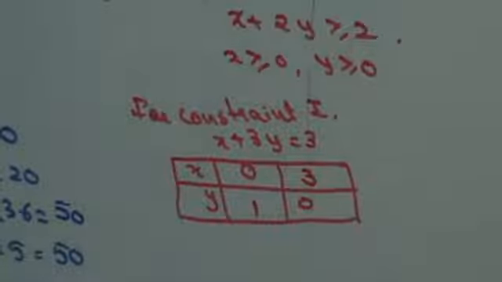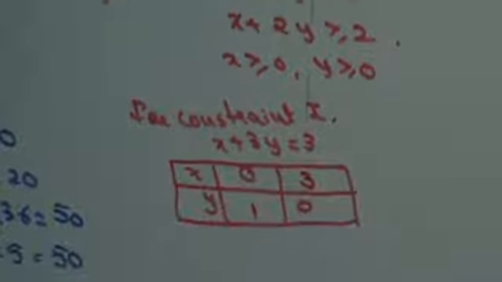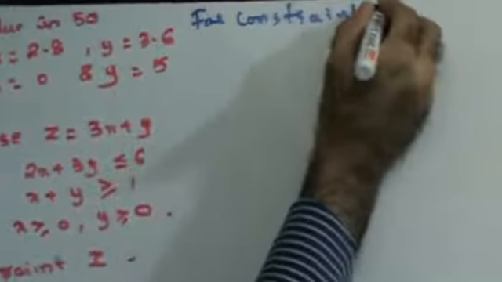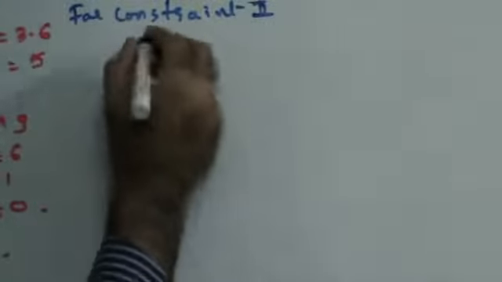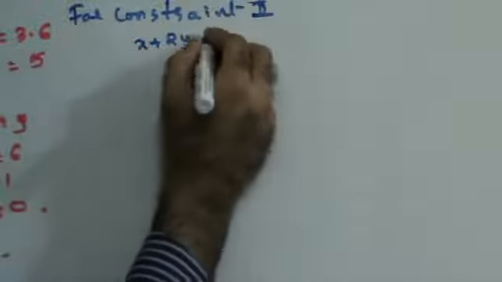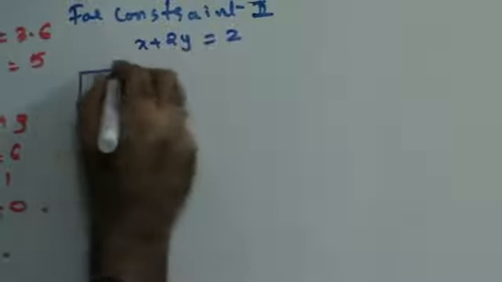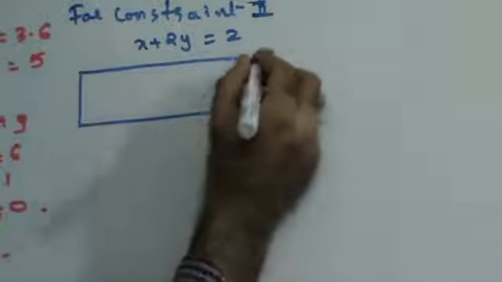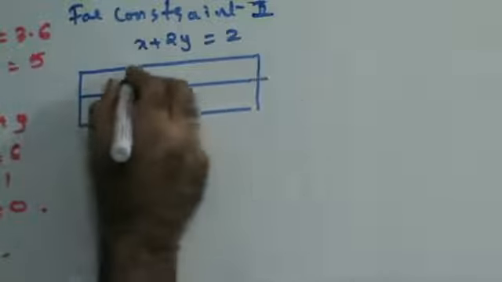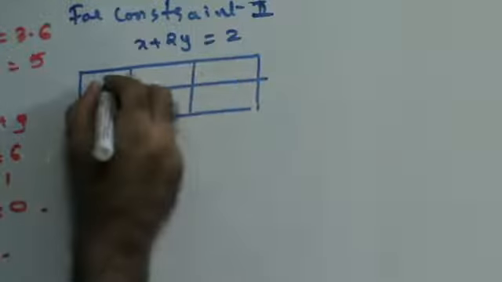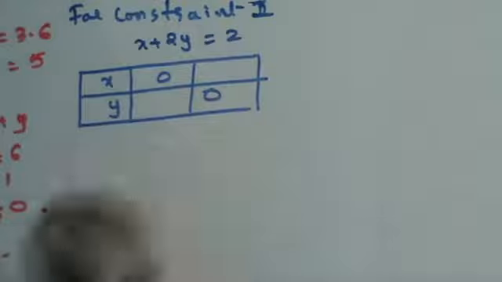I can say that for constraint 2, x plus 2y is equal to 2. In which case I can say that this is x, y, 0, 0.